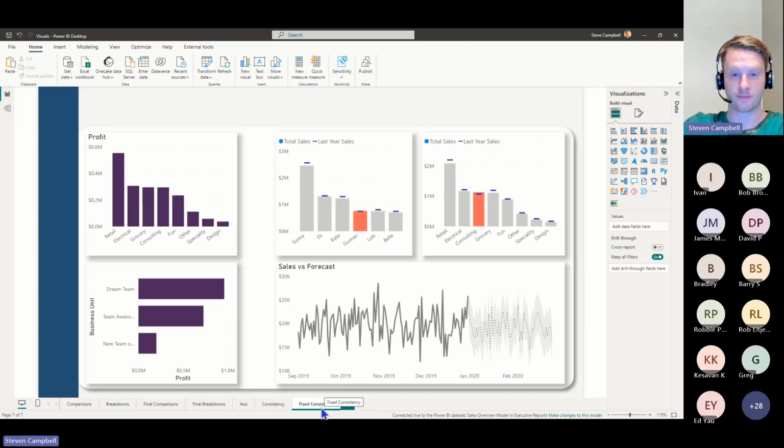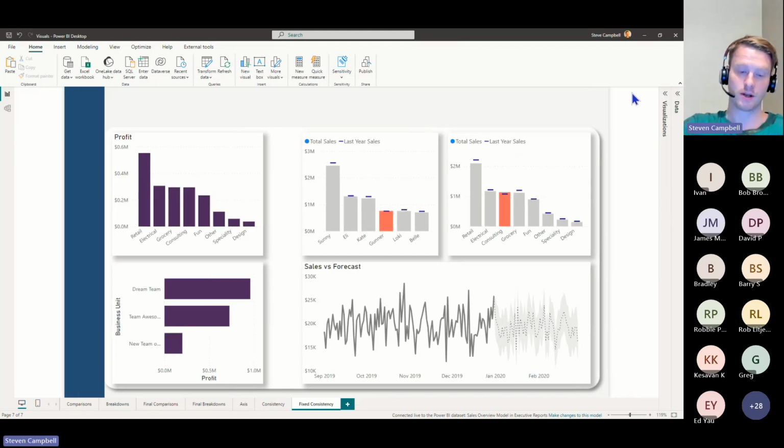Then what I would also do is format it a bit nicer, keep all the titles the same, keep the legends the same. So now this consistency makes it a lot easier to read. Before, when everything was all over the place, it was very difficult to understand.